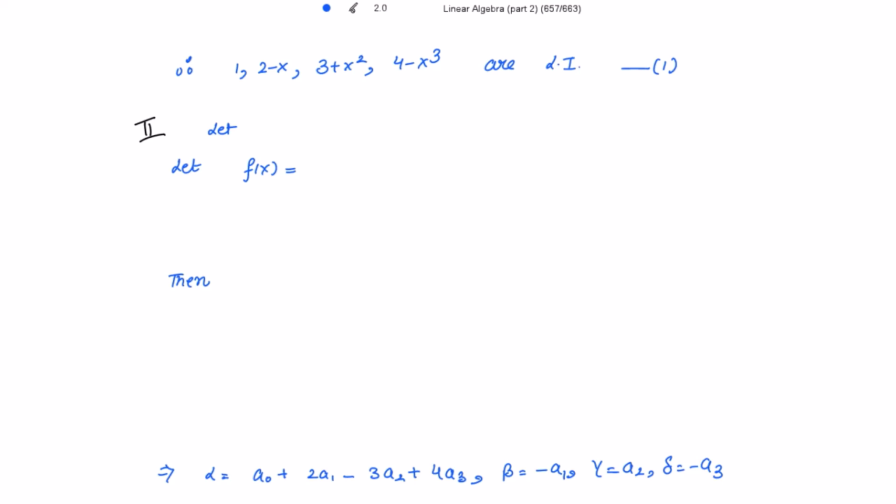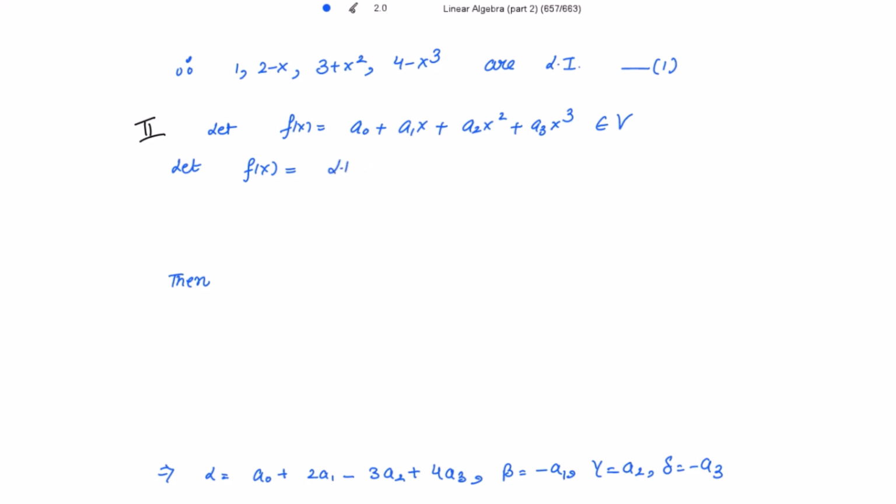Alright, now second thing, the generators, right? These are the generators of V. So for that I have to choose one polynomial. So let me take f(x), and I should remember that degree should be less than or equal to 3. So let me take f(x) to be a0 plus a1x plus a2x square plus a3x cube belonging to V, right? And f(x) is also equal to, let me take this as alpha, beta, gamma again, okay?